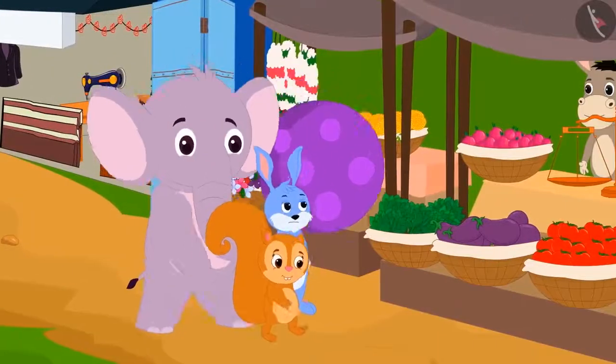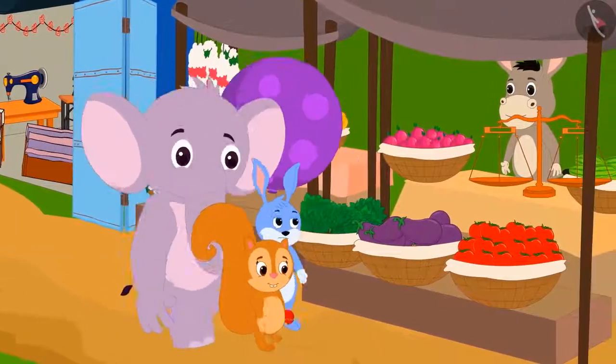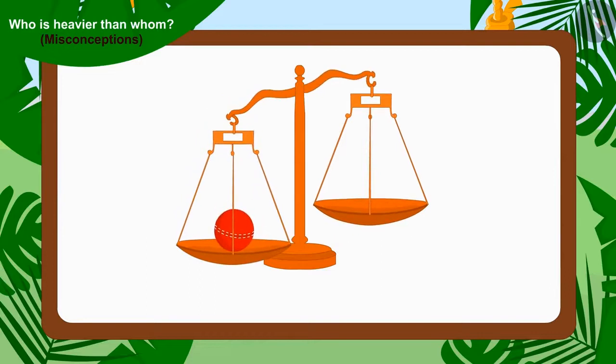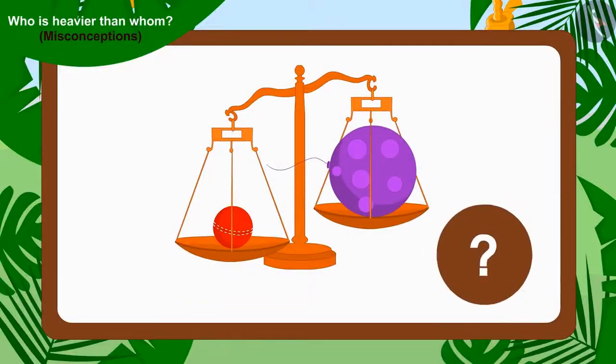The trio immediately reached Bhola's vegetable stall. There, Chanda placed her cricket ball in a plate of Bhola's scales and Appu's balloon on the other plate. Children, can you tell whose toy is heavier?